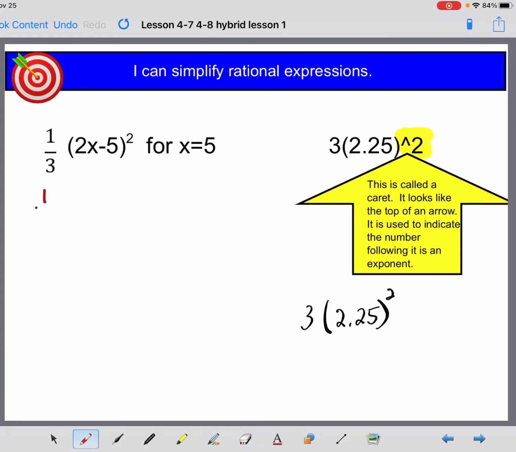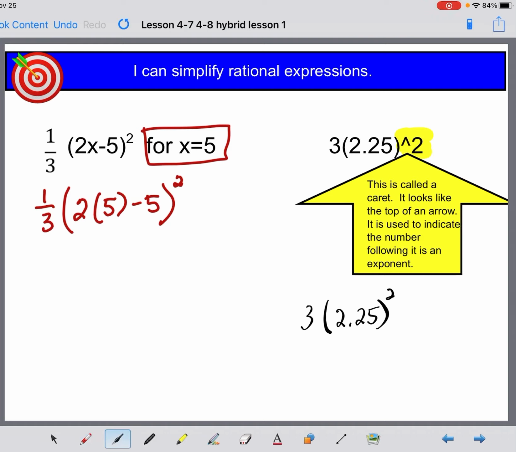In this problem, we're being asked to substitute 5 in for x and solve using the order of operations. Make sure that you're aware that you need to follow the order of operations inside your grouping symbol. The first thing we need to do: parentheses, exponent, multiply or divide, add or subtract.